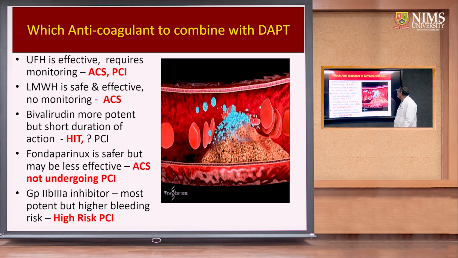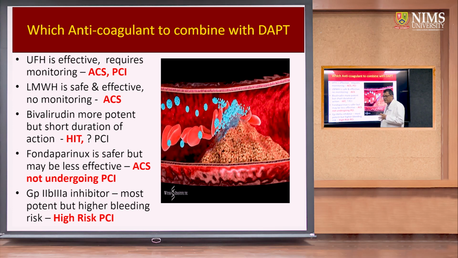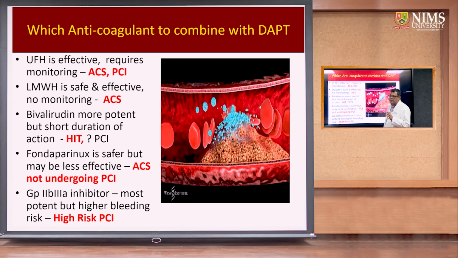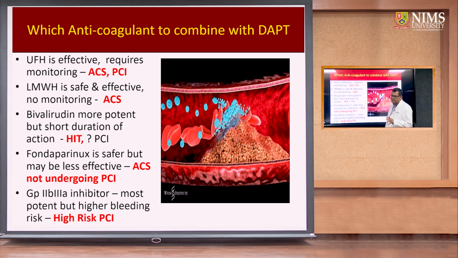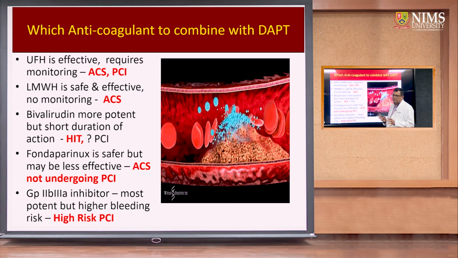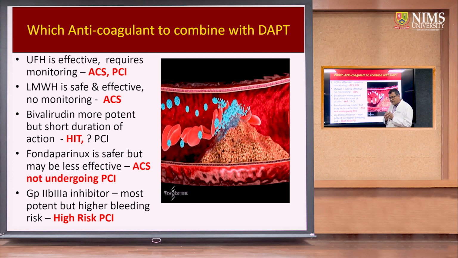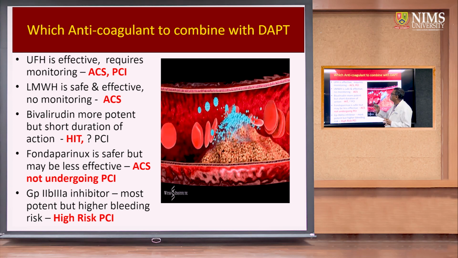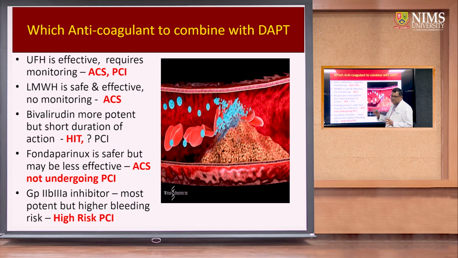Now, if we have to use dual antiplatelet therapy and we have to combine some anticoagulation, naturally we do not combine full dose anticoagulation, because that will be triple antiplatelet therapy and will have very high bleeding risk. So, you have to combine low dose anticoagulation, number one.